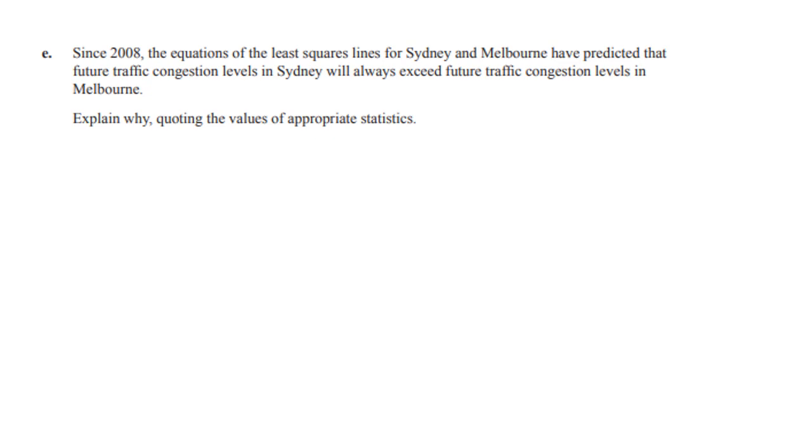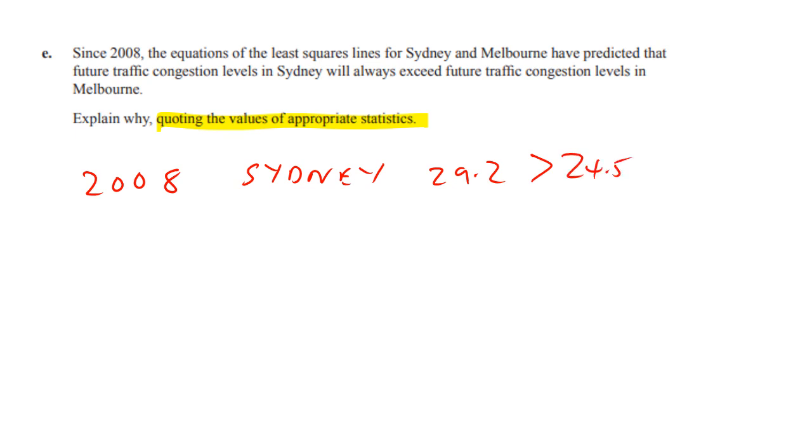So remember, you've got to quote the values of appropriate statistics. So if you actually remember from your data, in 2008, Sydney started at 29.2, which is greater than the 24.5 of Melbourne.